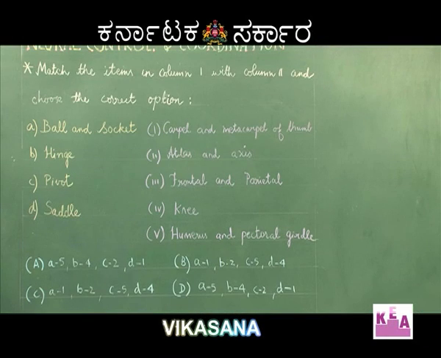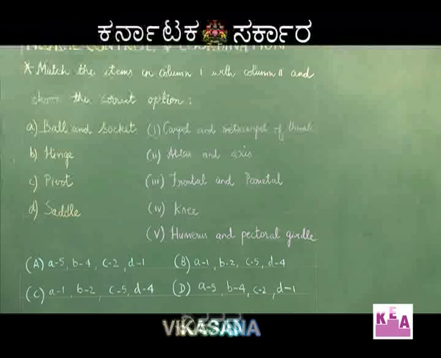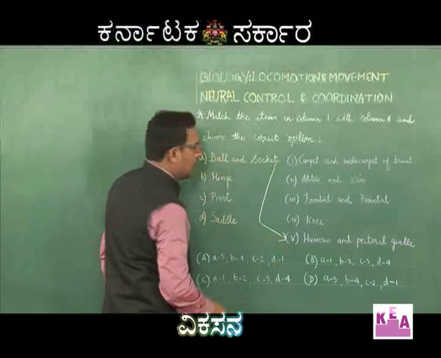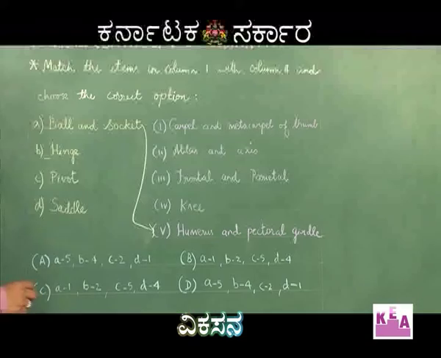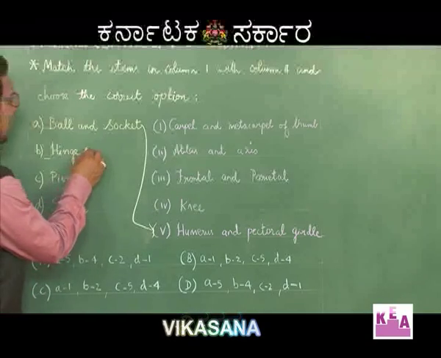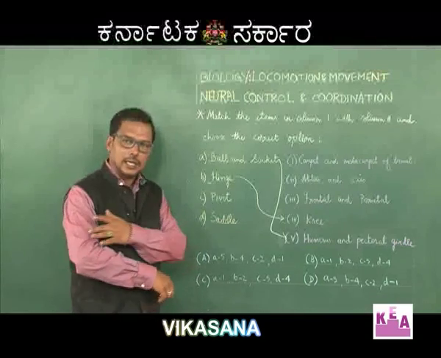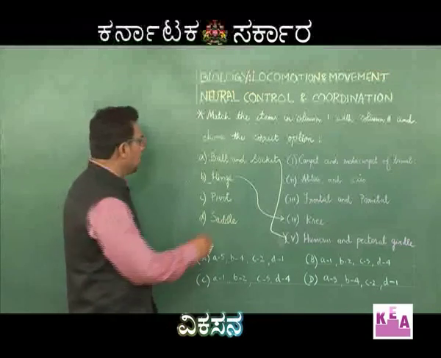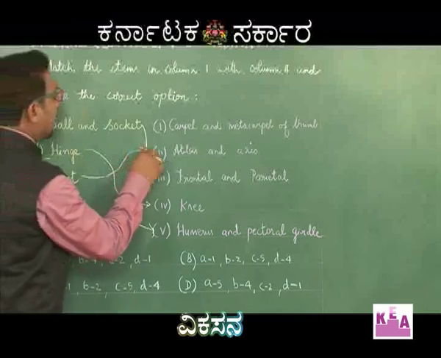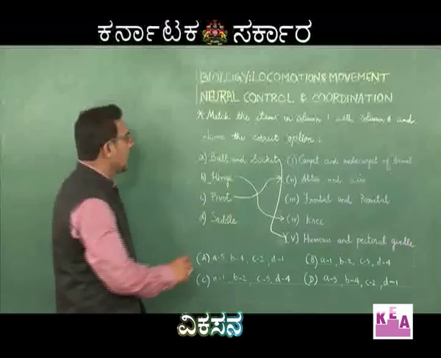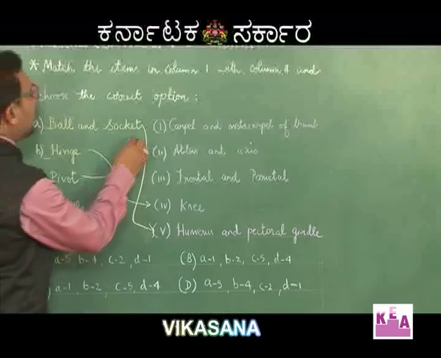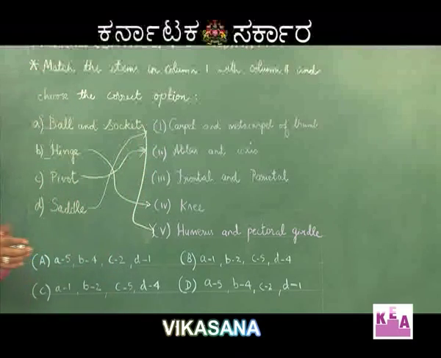So, that joint is called the ball and socket joint, and it is present between the humerus and pectoral girdle. Hinge joint is present in the knee. Another example for hinge joint is the elbow joint. Pivot joint is present between atlas and axis, and saddle joint is present between carpals and metacarpals of the thumb.